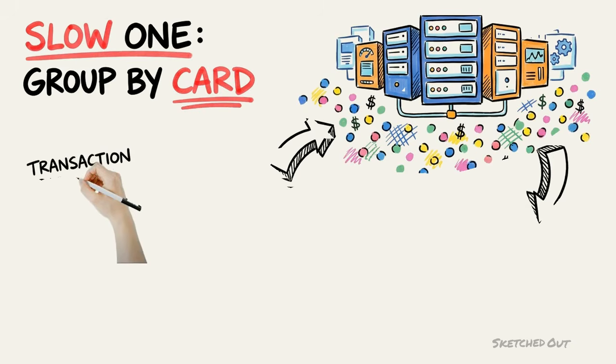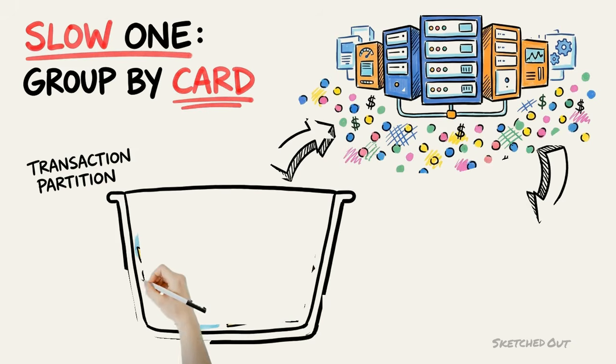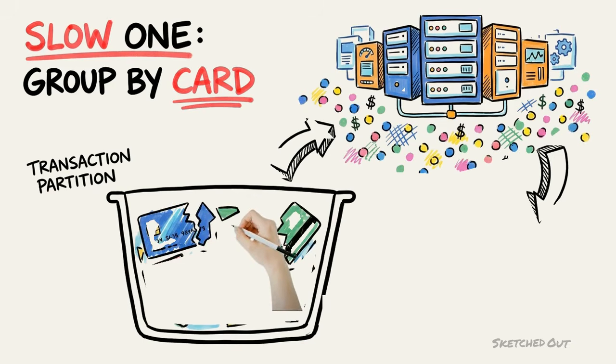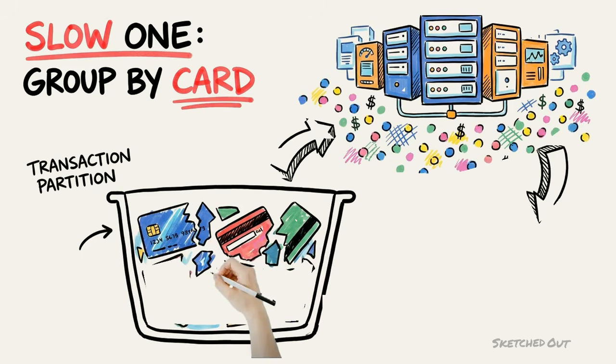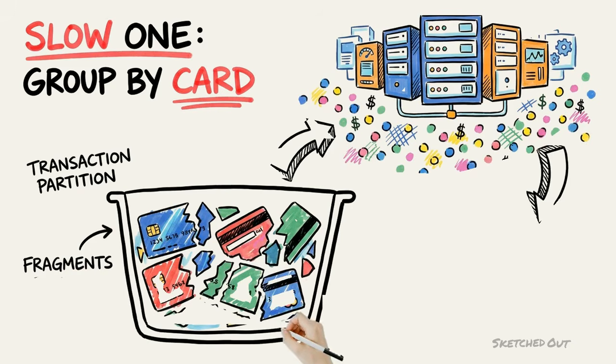But here's the stronger way to see it. Turn it around and look at one partition. It holds 128 megabytes of swipes from whenever they happen to arrive, which means fragments of millions of different cards, almost none of them complete. Every partition holds a little bit of nearly every answer.